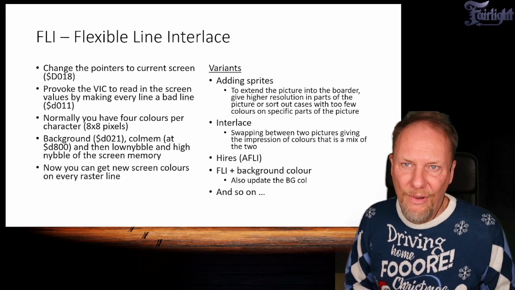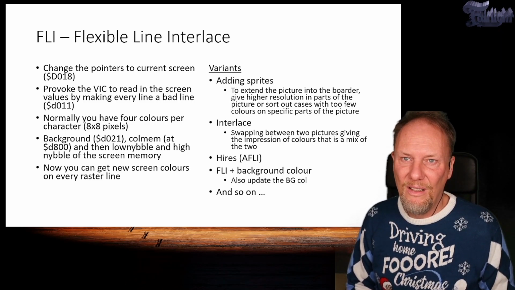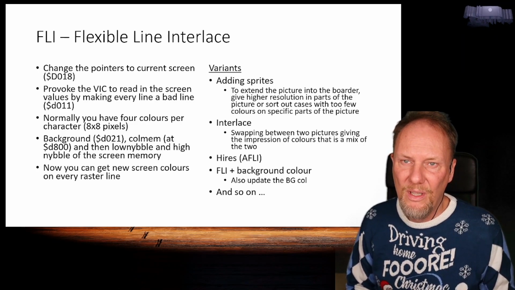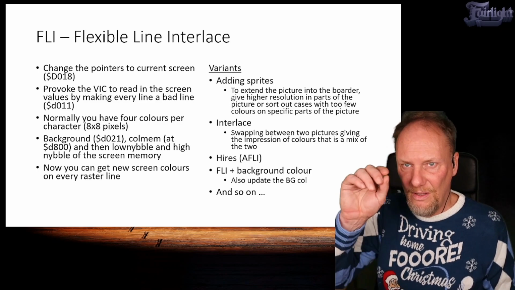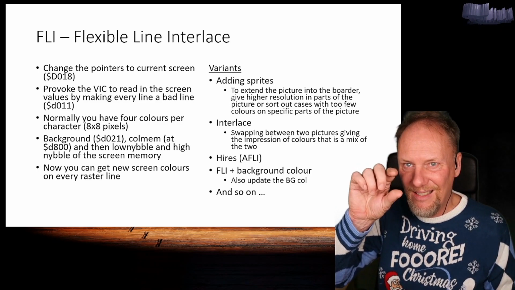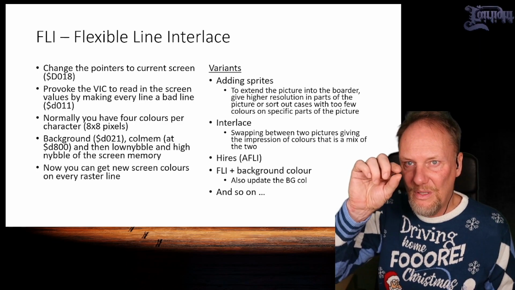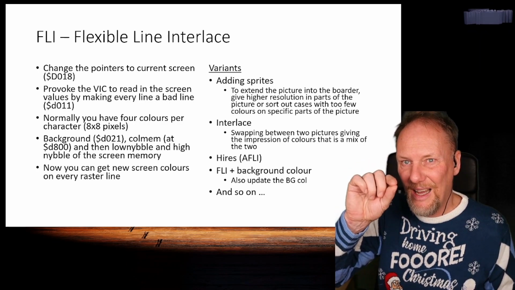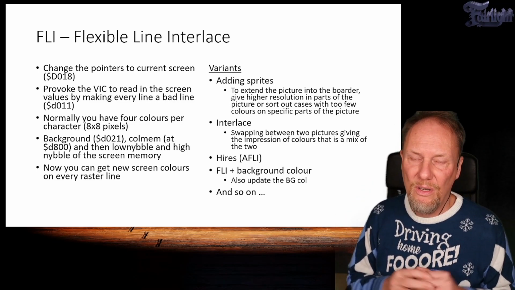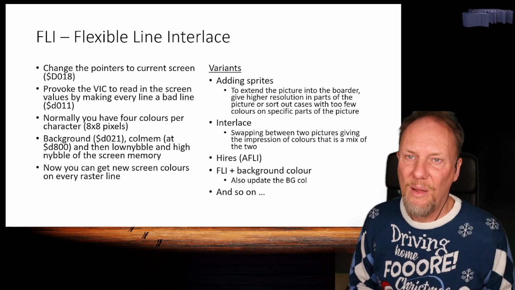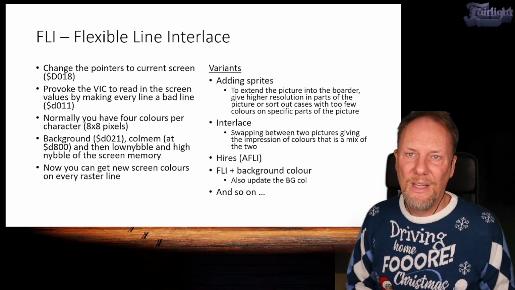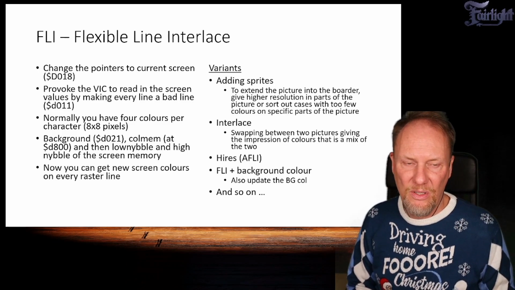If you can provoke the VIC to read a new screen memory on every raster row, that means that the 2 colors that were common for the cell now become per row. You can select 2 new colors per row. Showing an FLI takes all the raster time, basically, while you're displaying it, but it gives you a lot more colors.